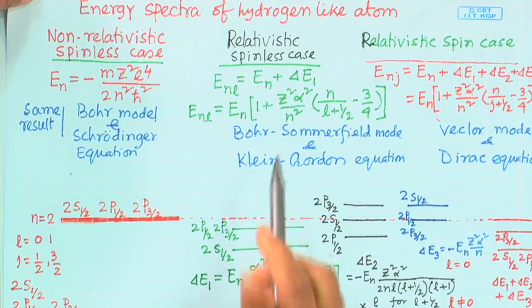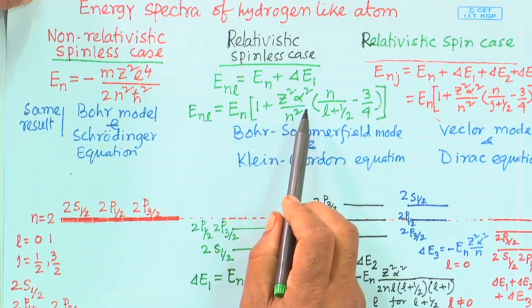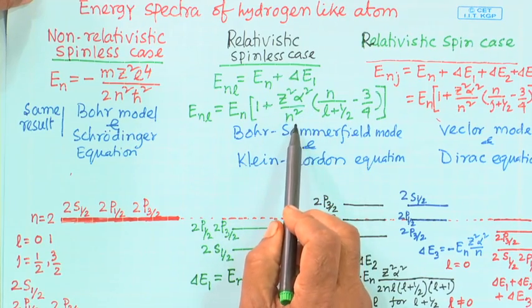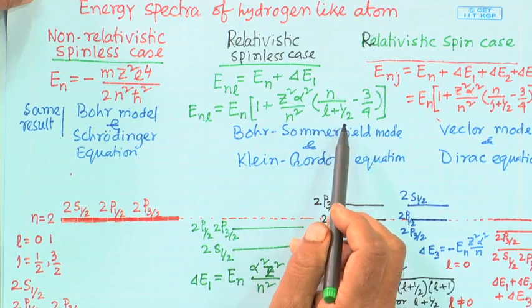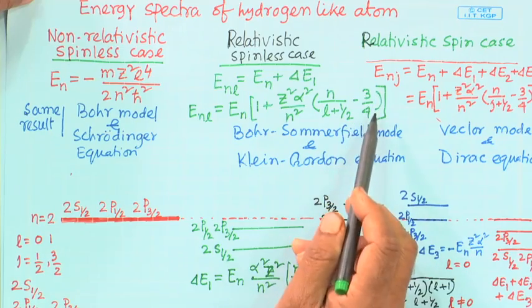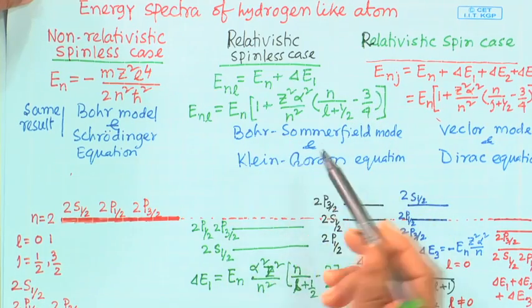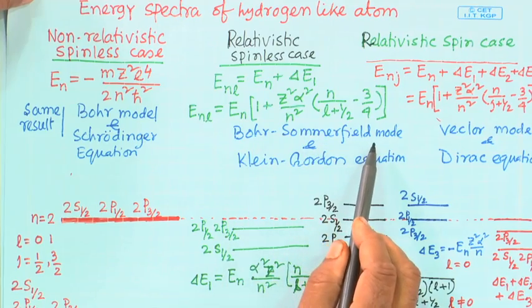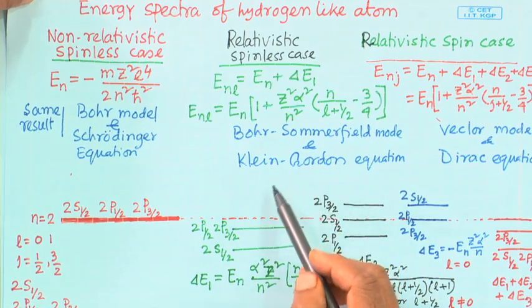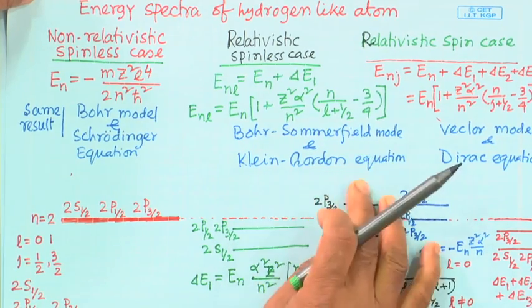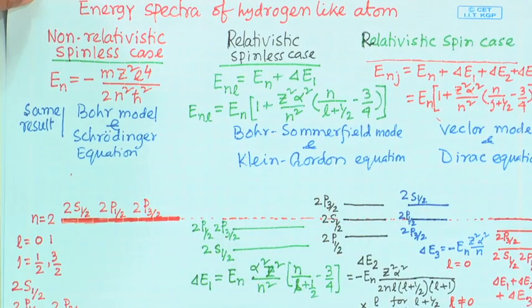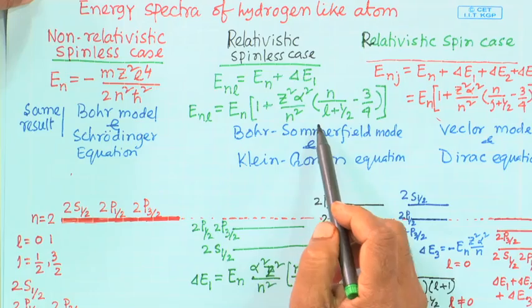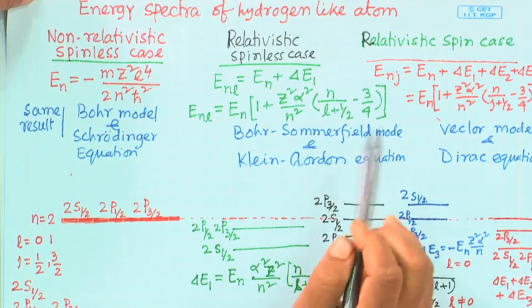So, that is what I have written here: 1 plus z square alpha square by n square, n by L plus half minus 3 by 4. This is the same result we got from the Bohr-Sommerfeld model and the Klein-Gordon equation. If one solves the relativistic Klein-Gordon equation, one gets the same result. That I have not shown.